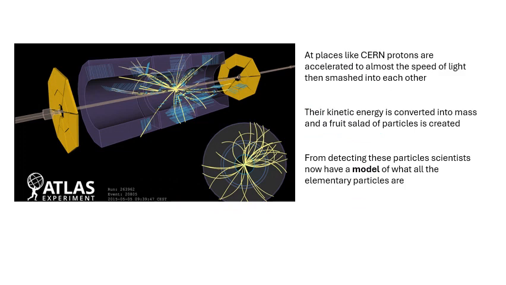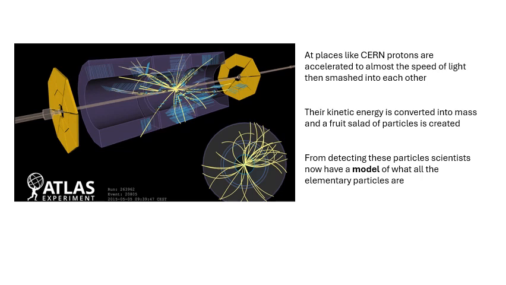We have these things called particle accelerators at places like CERN in Geneva. And basically what they do is they accelerate protons, so they're going ridiculously fast, and then the protons smash into each other. And what happens is that all the energy of the protons is changed into matter. And you create lots and lots of particles.